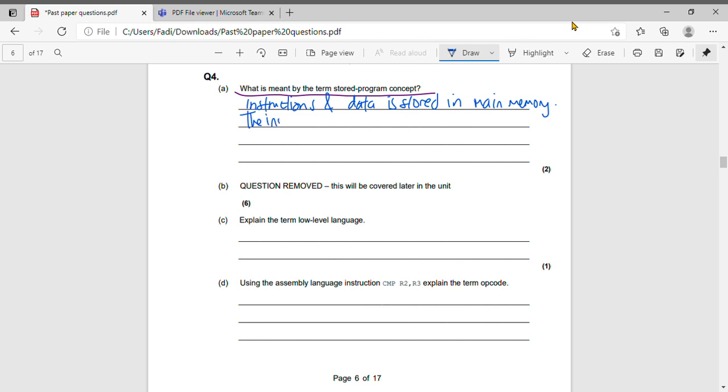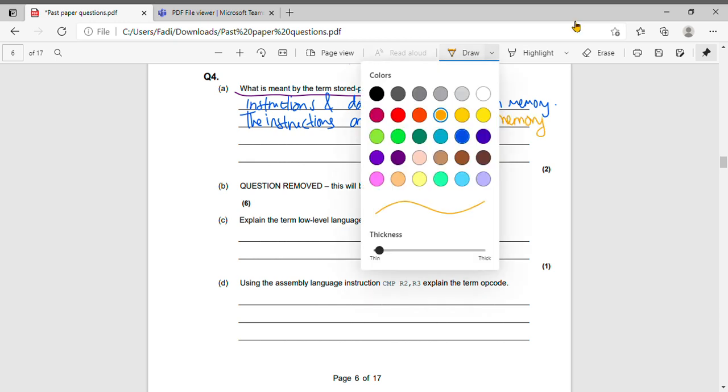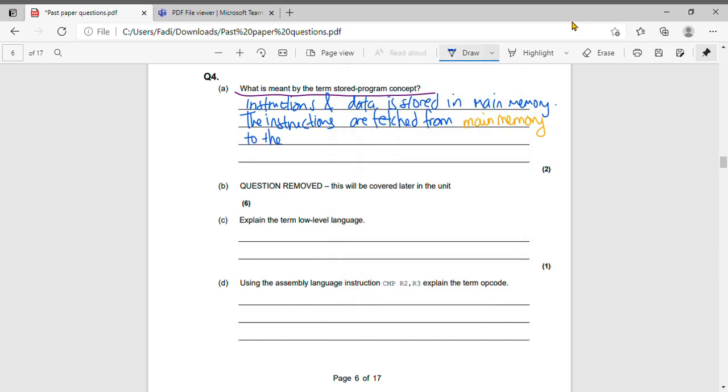The instructions are fetched from main memory to the processor to be decoded and executed.